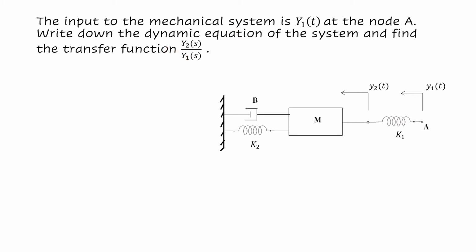So to obtain the transfer function y2 of s by y1 of s, it is very important to write down the differential equations. Those are nothing but the dynamic equations of the given system. So now first we will draw the mechanical equivalent network, and then we will write down the differential equations for that particular mechanical network.